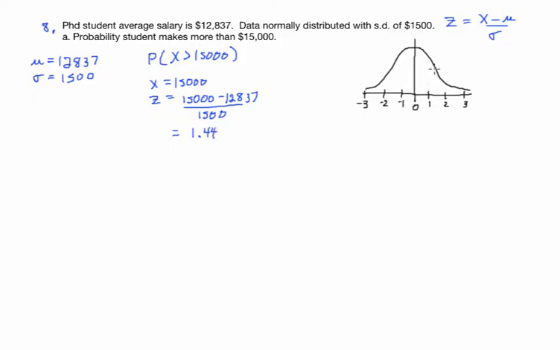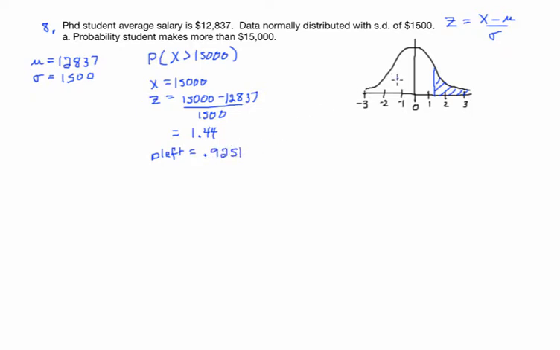That's about here. So I want to know the probability that someone makes more than that. So I look up the probability in my chart, but that's going to be the probability that I'm to the left of that z-score. So I look up the z-score on the outside, get the probability out of the inside.